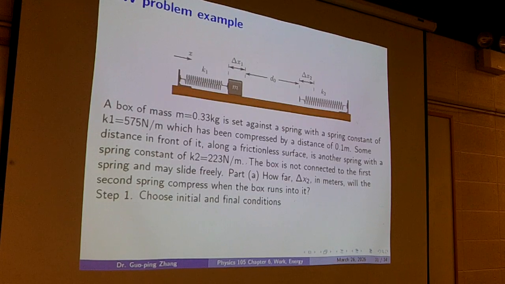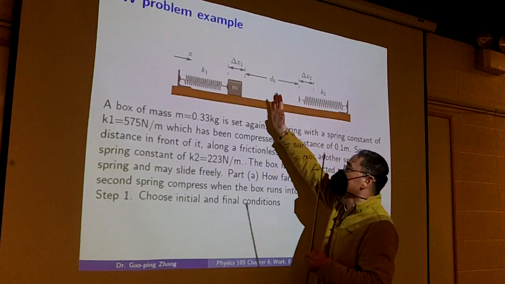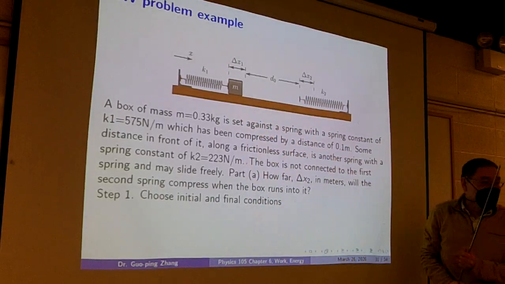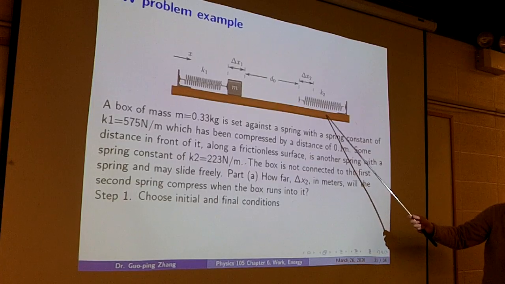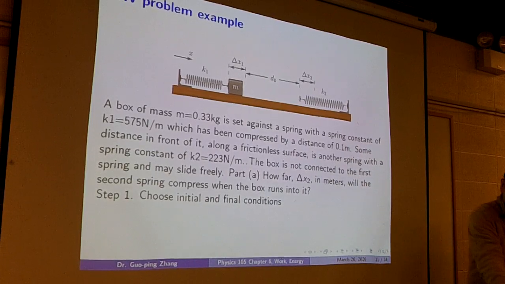First, we need to choose which one is our initial condition. We press the spring, and that is our initial condition. Makes sense? In other words, this block is pressed like that. And the final condition is that we release the block and it presses onto the second spring.